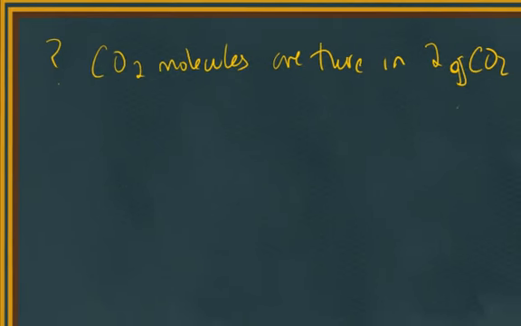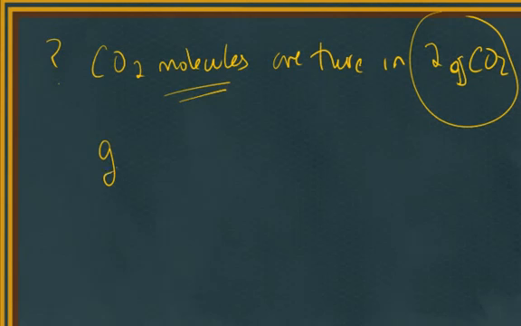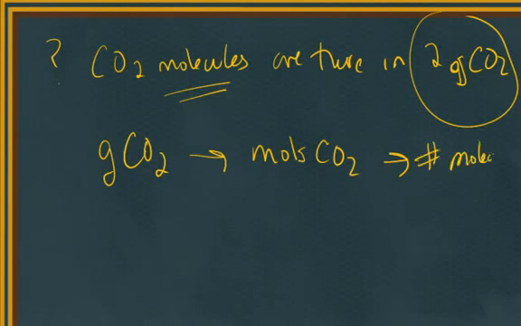If they want the actual number of molecules, then you're given a mass, so you have to convert from the mass of carbon dioxide to the moles of carbon dioxide to the number of molecules of carbon dioxide.